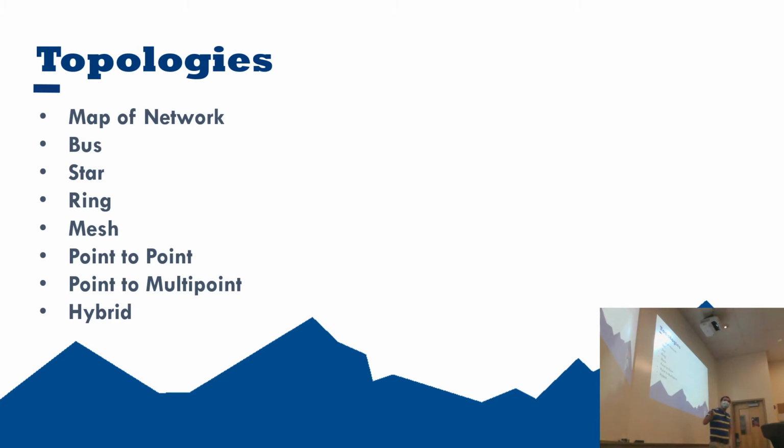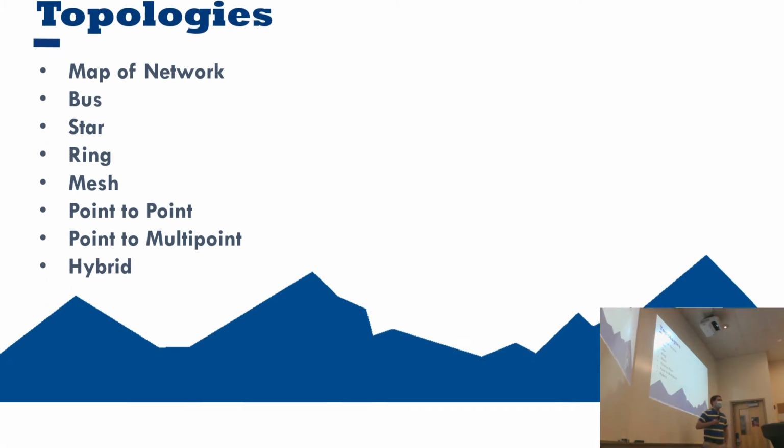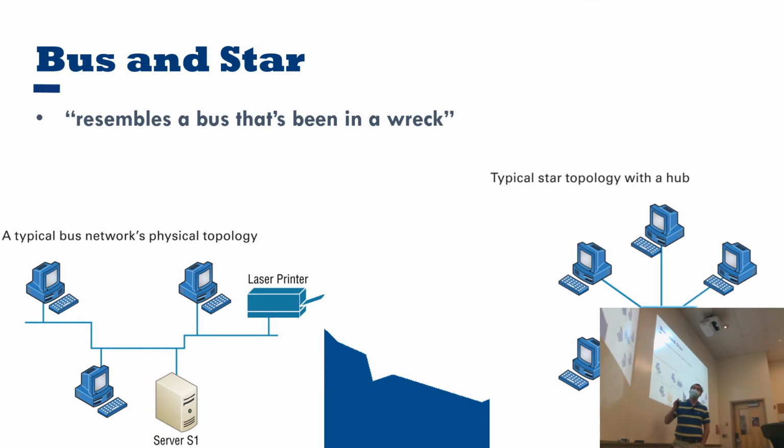And you can see there are lots of different topologies that we need to understand. I'm just going to go through these kind of quickly. But the bus and the star. For the bus, there's a funny quote in the book. It's not an exact quote, I paraphrase it a little bit: it resembles a bus that's been in a wreck. Now, why do we say that about a bus topology? First, let's talk about what a bus topology is. It's a case where you have a network and there's a single cable with a start and an end.